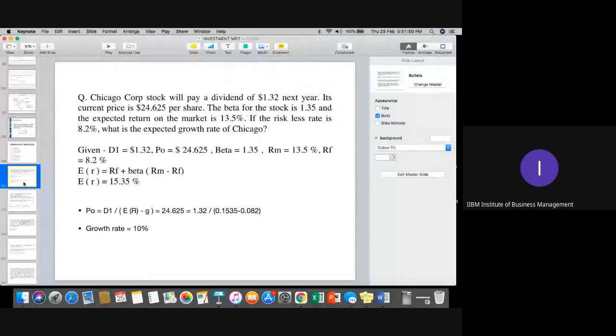Got this answer please? 10%, everyone? Because now we have to do numericals only in this session, okay? Is this clear, everyone? Growth rate is 10%.